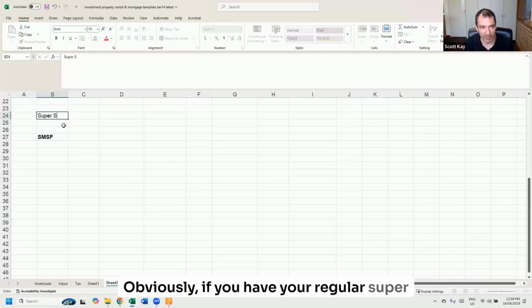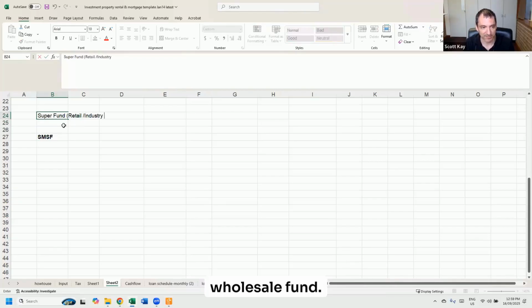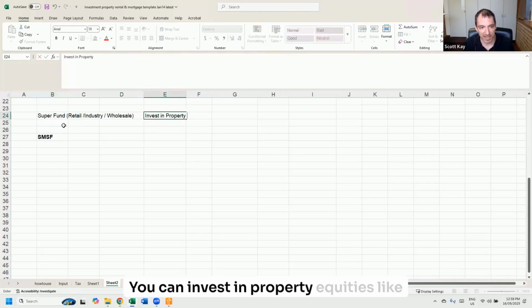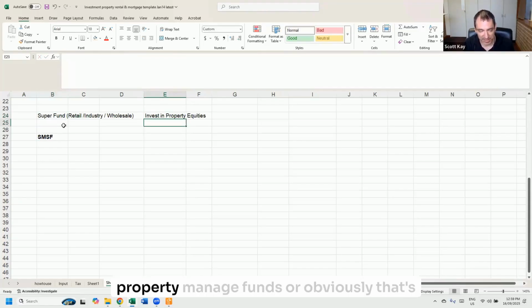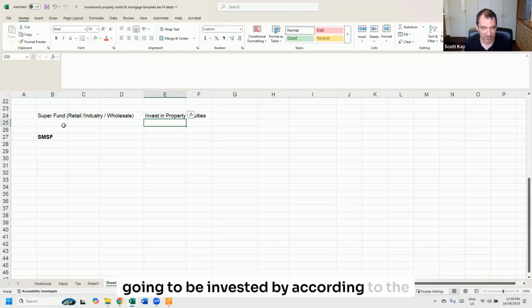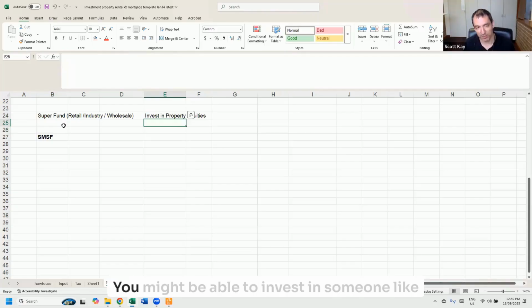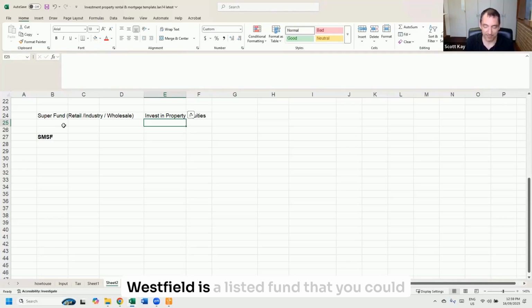If you have a regular super fund, like a retail, industry or wholesale fund, you can invest in property through managed funds, according to the choices you've made, but you can't invest in direct property. You might be able to invest in a listed fund like Westfield.